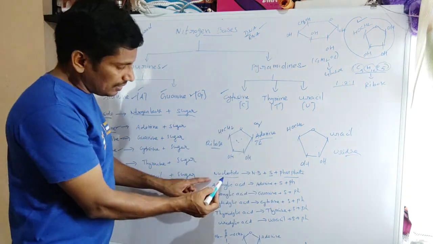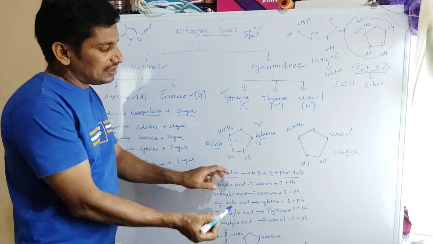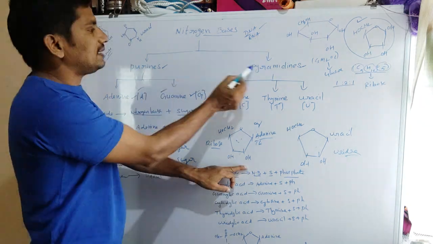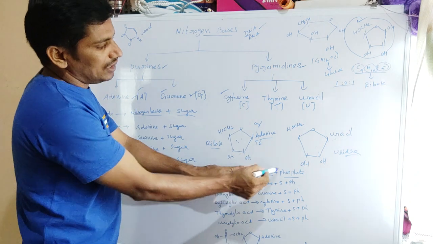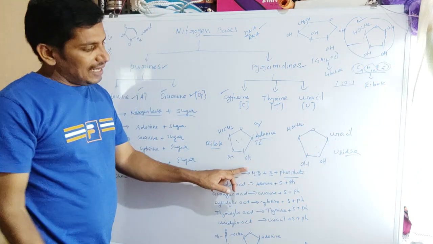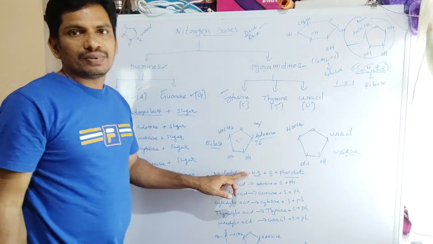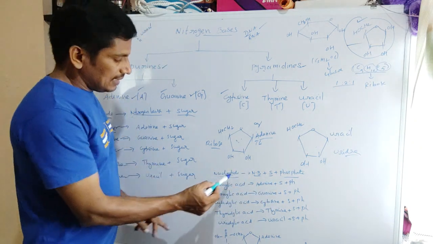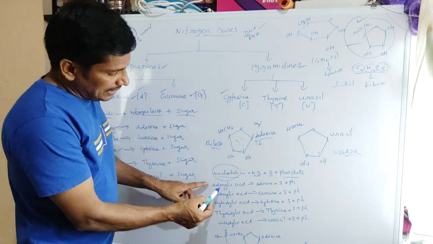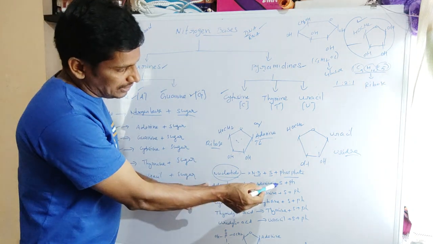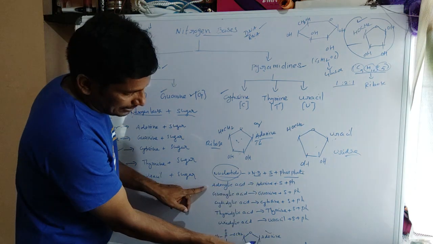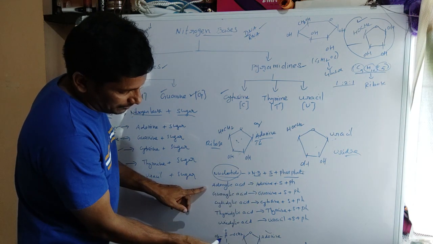Okay. Nucleotide means nitrogen base. What are the nitrogen bases? These are the two, purines and pyrimidines, plus sugar, this ribose sugar, and phosphate group. If it is there, that's called the nucleotide. Here is adenine plus sugar. This is the adenine. This is the ribose sugar plus phosphate.